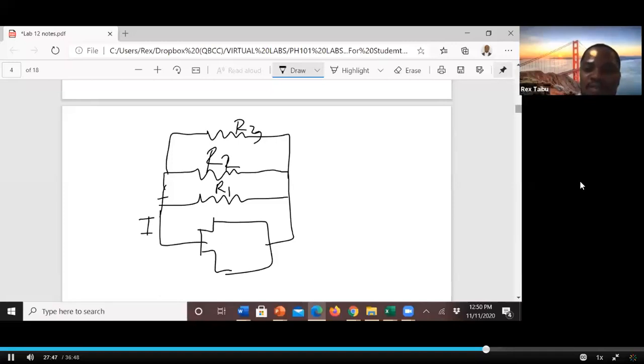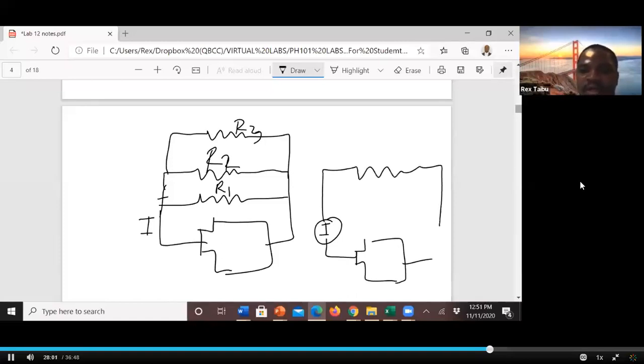If you want to find a single resistor that represents 1, 2, 3, you are aiming for one resistor from the power supply to the battery, which we call equivalent resistance, REQ. To find that one, you don't just add R1, R2, R3.